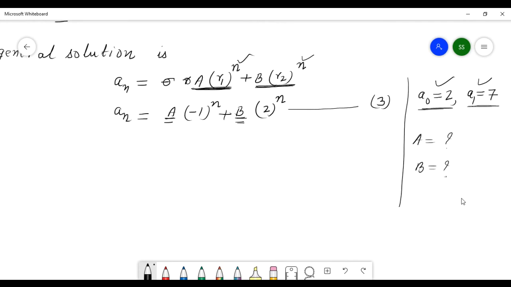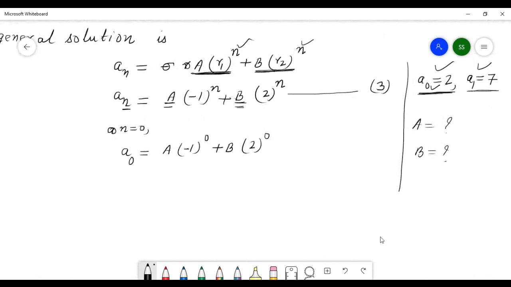Now use this. See here 0. First you take this n equal to 0. And what will happen? See this: a0, when n equals 0, is a0. And this is A times (-1) power 0, and plus B times 2 power 0. It's okay or not? I'm using this condition, a0 equal to 2.